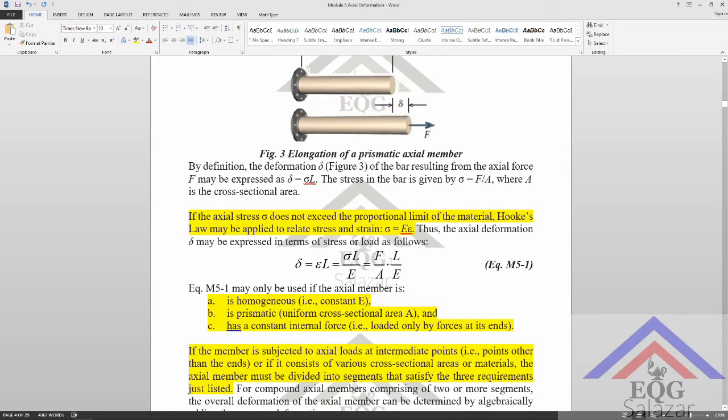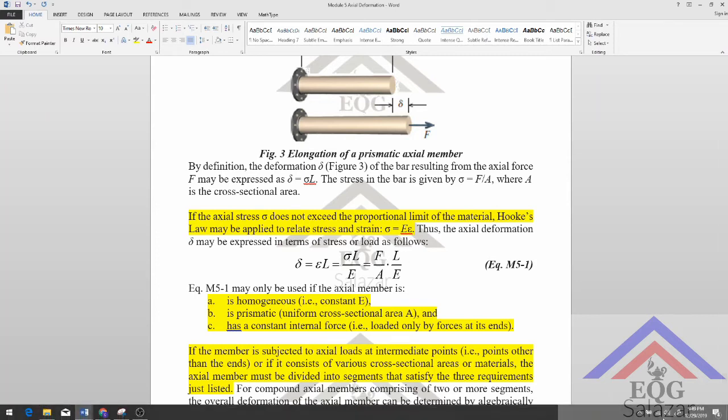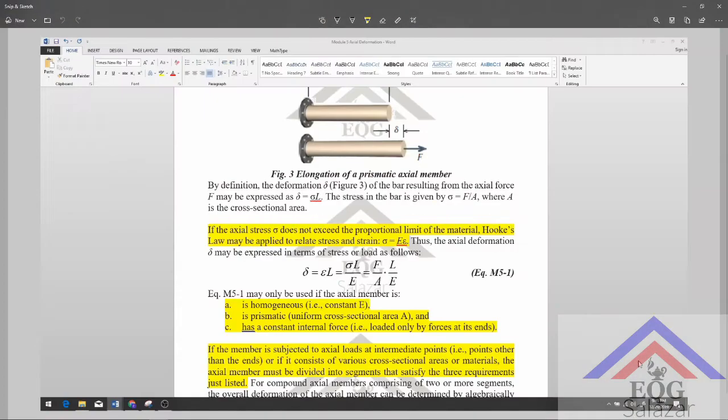Or if you want to make this into a mnemonic, you can write this down as PL over AE, or simply PLAE.